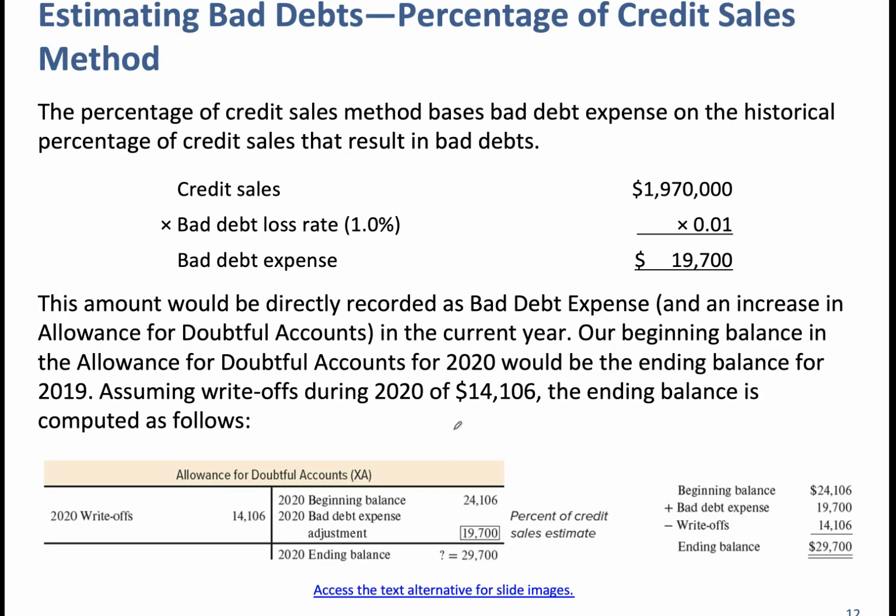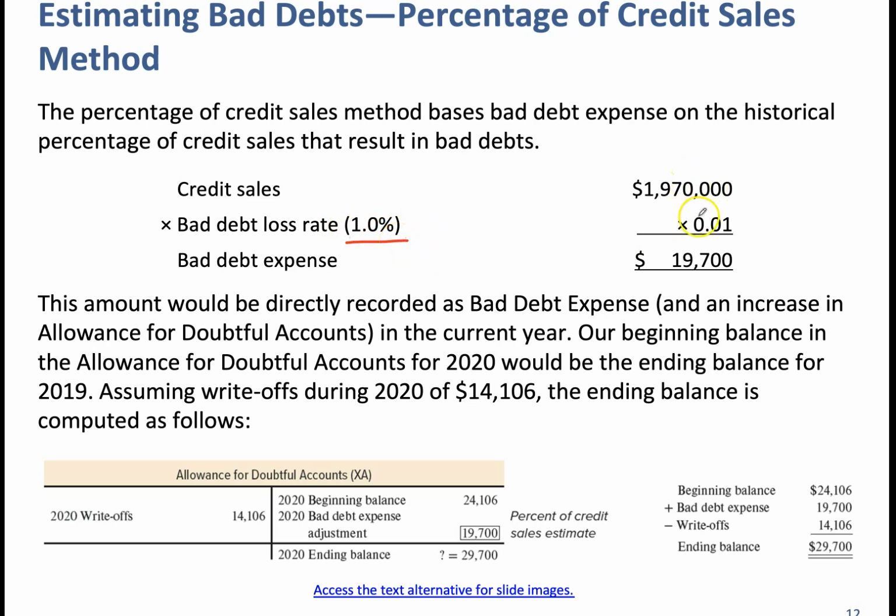In this course, we focus on the percentage of credit sales method, which is very simple to apply. As its name indicates, it estimates the bad debt expense by a percentage of our sales. For example, if the company determined the bad debt rate would be 1%, the company expects that for any $100 of sales we made, $1 wouldn't be recovered.